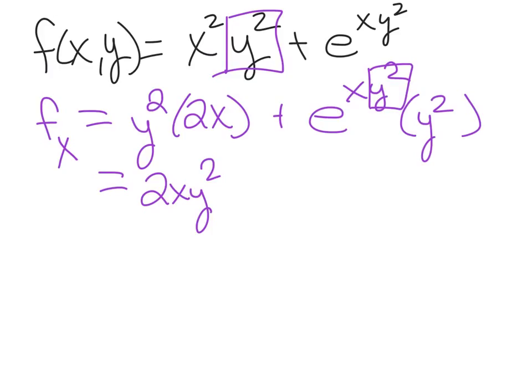The derivative of a linear variable, because this variable has an exponent of 1, is just its coefficient. So if y squared was 17 instead, and we had 17x here, we would say the derivative of 17x is 17. Instead, we have a coefficient and a linear term, so the derivative of that is just its coefficient, which is y squared. Let's rewrite that, and we get y squared e to the x y squared.